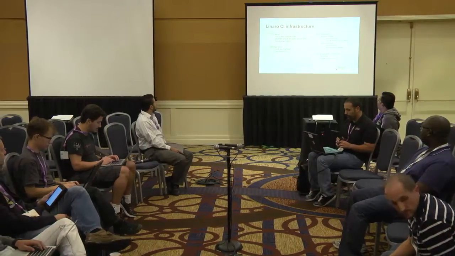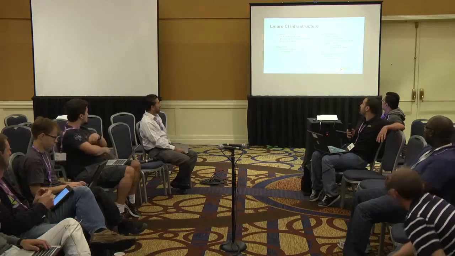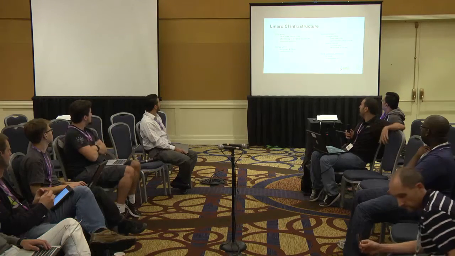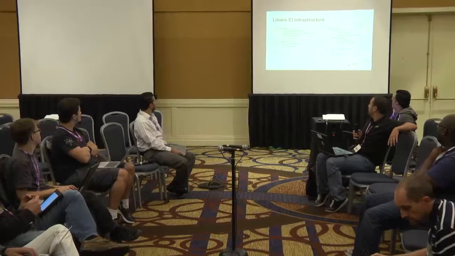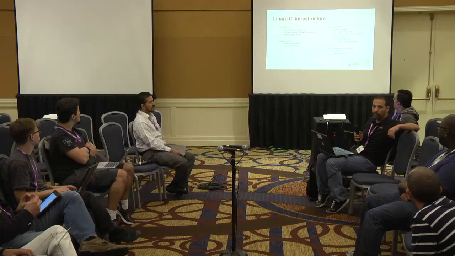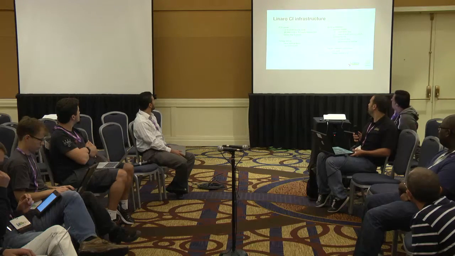So the first part is about the infrastructure that we have in place. It's pretty standard. There's one VCS server. This is where we store the source code. There's two parts. Part where we pull the source code to do some builds, and where we are going to store the configuration of a build job.